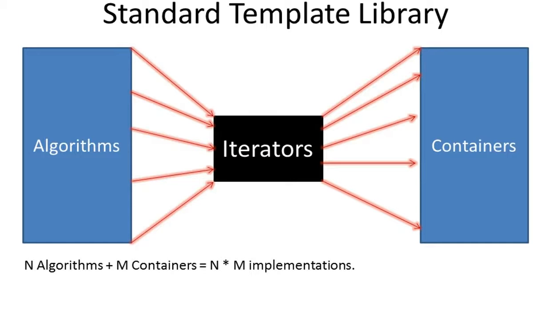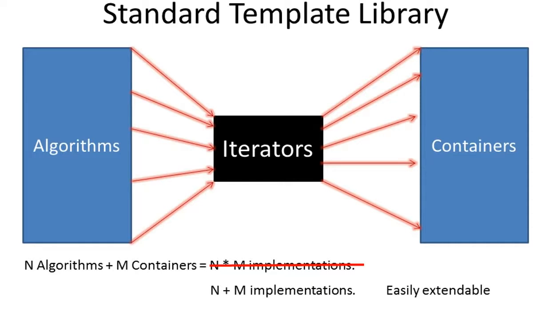That will dramatically improve our level of code reuse. Instead of writing n times m implementations, we only need to provide n plus m implementations, which is much better. Another good thing about this kind of structure is that it is easily extendable.